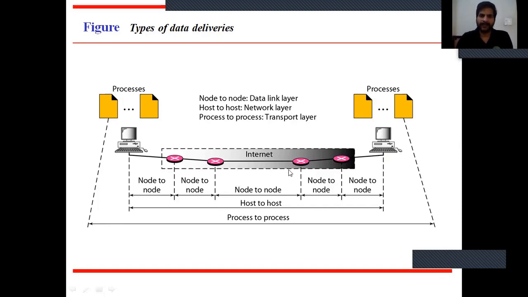Within a single link, node to node delivery; between LANs, that is host to host delivery across the internet; and for a particular system, process to process delivery using a particular port number. So node to node delivery means the data link layer, host to host delivery means the network layer, and process to process delivery means the transport layer. These are the three types of data delivery visible in the OSI model.